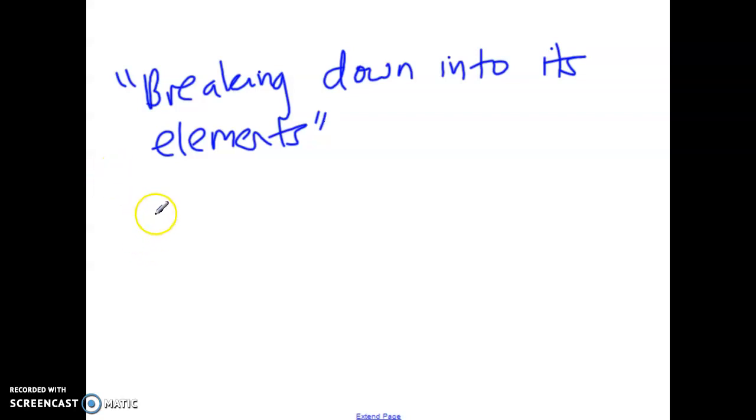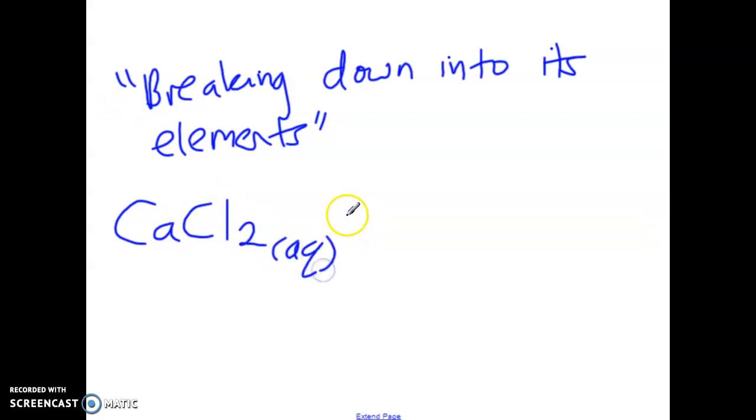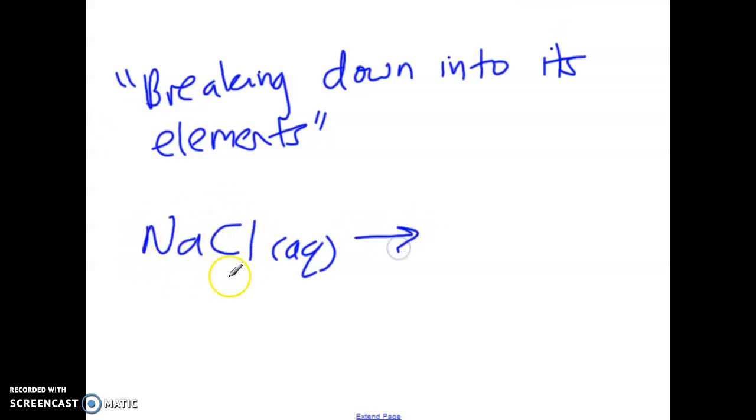So let's say we had calcium chloride and this was breaking down. Actually, I'm going to do something different. Let's do sodium chloride. So sodium chloride breaking down into its elements.